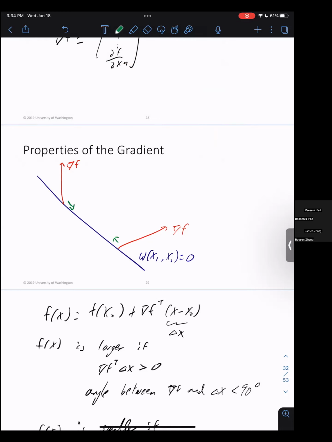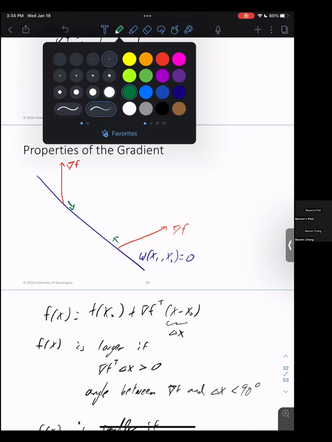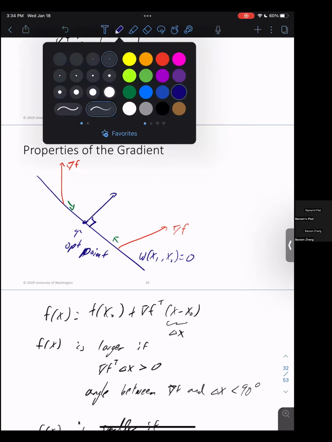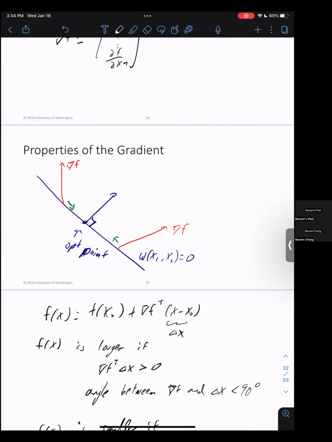I can conclude it's an optimal point. If it is 90 degrees, then this is the optimal point, because I can't move anymore. I'm constrained, so whatever way I move, I don't change the functional value. So this is a minimum solution in this case.